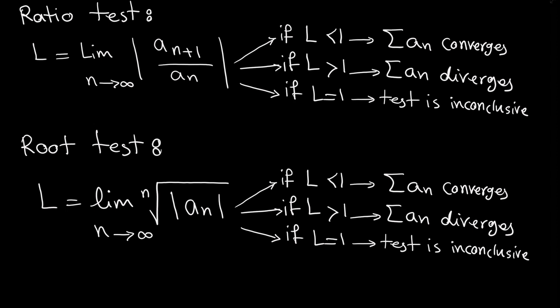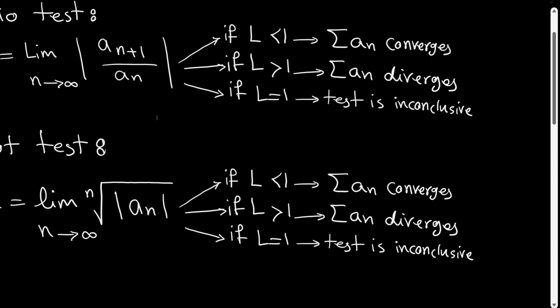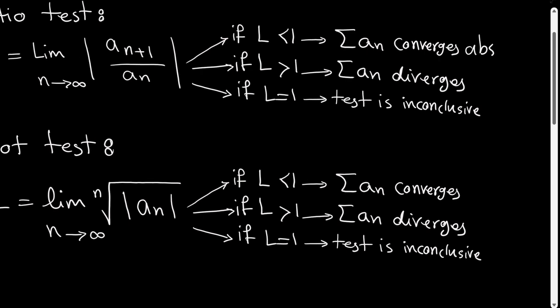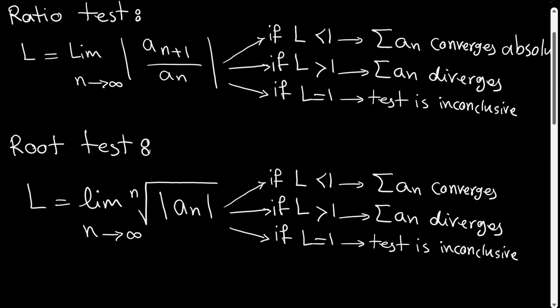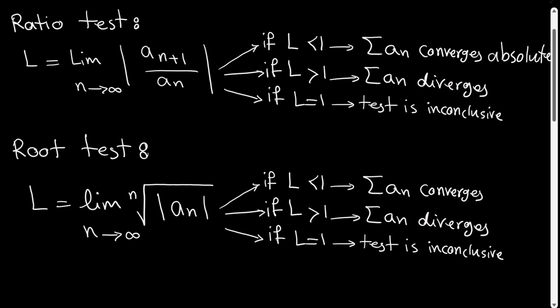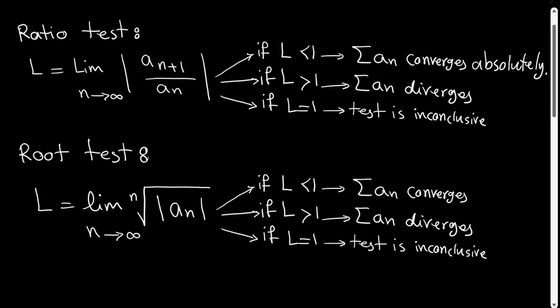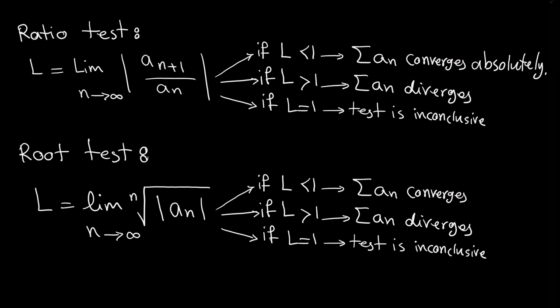So when the absolute value converges, I can say that the original series converges absolutely. So by using the ratio test, we can evaluate if a series converges absolutely or diverges.